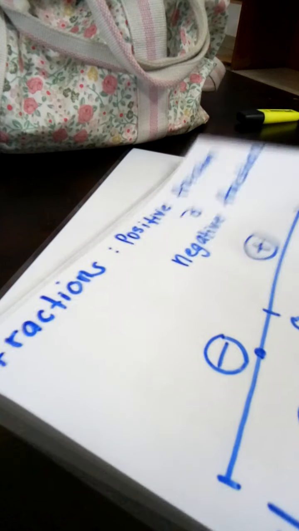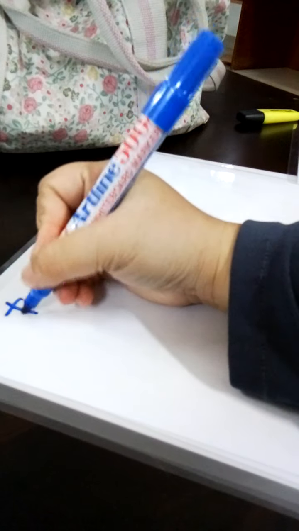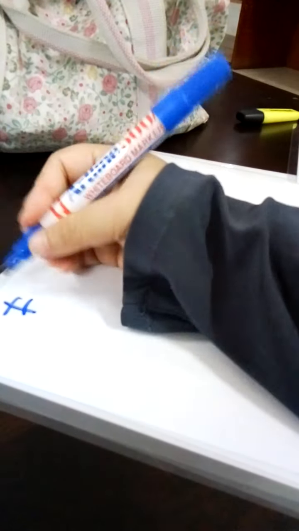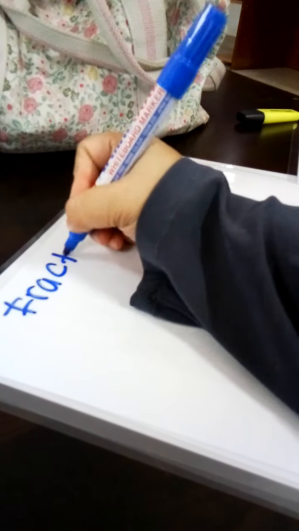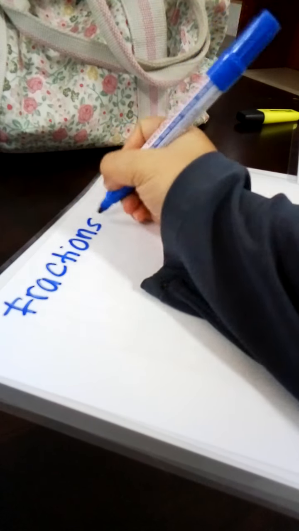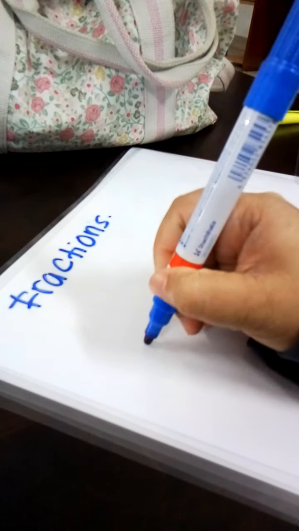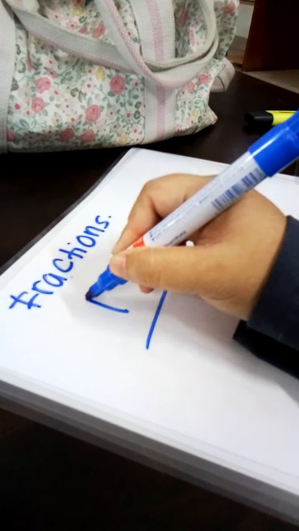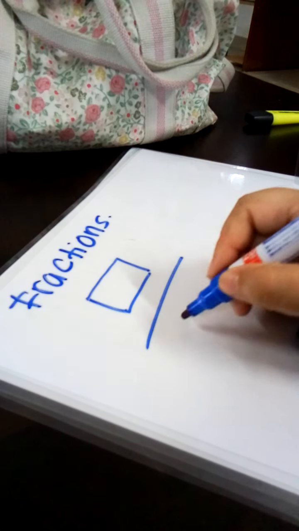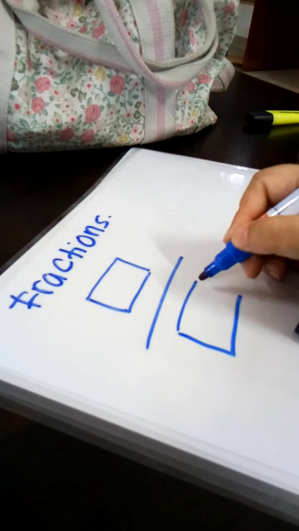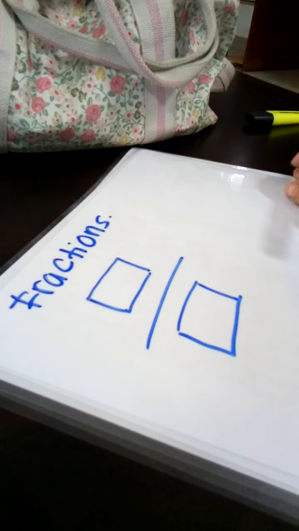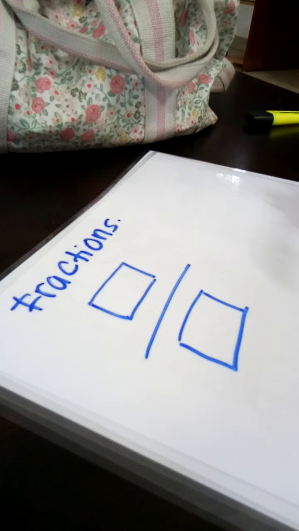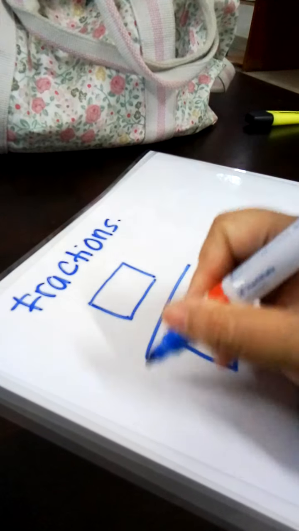So we are refreshing. For fractions, usually there are two parts of numbers, and what determines a fraction is a line in between the numbers.